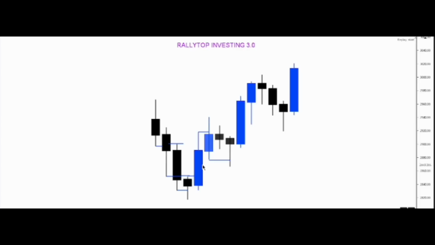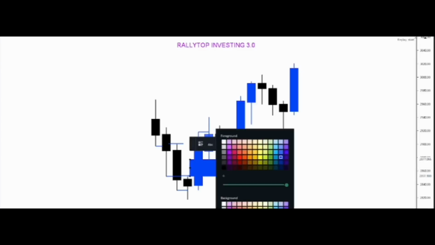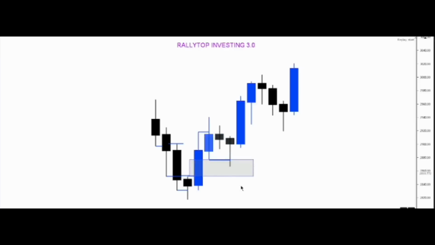Price is likely to respect that fair value gap right here. You can find it here. This one here. Okay? That one. So right there, as you can see, that's the fair value gap.